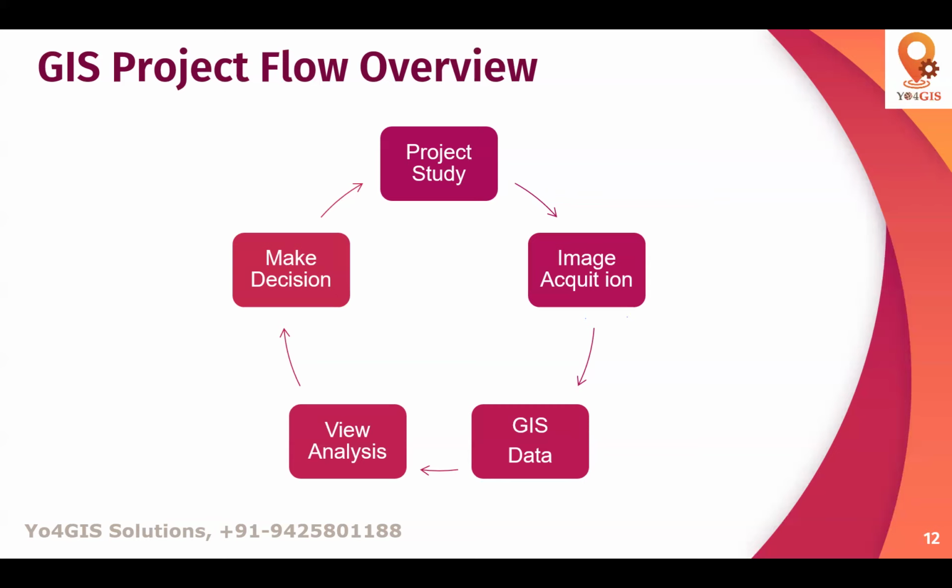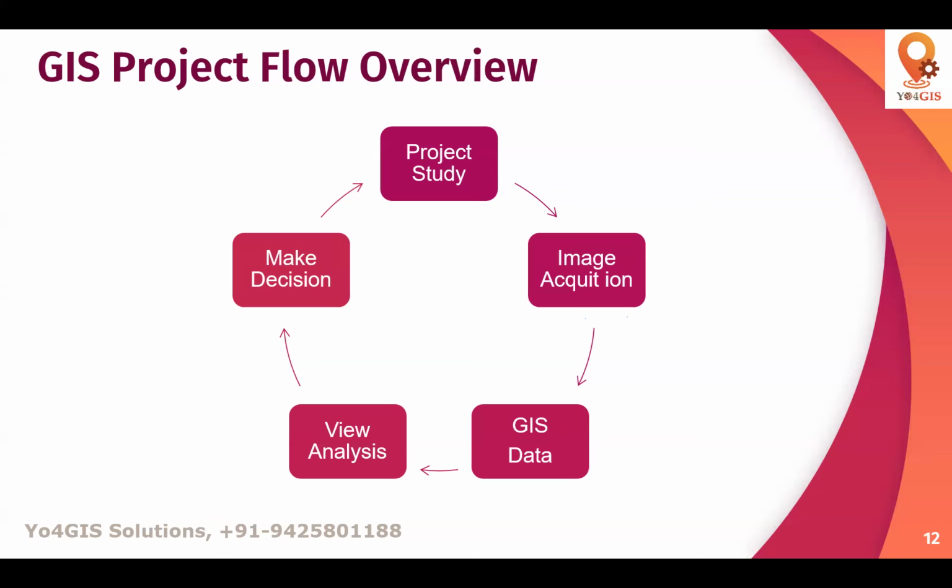A simple example: everyone is using Google Maps. Let's suppose you want to go from point A to point B. When you give the source location and destination location in Google Maps, it provides you two, three different routes. That is the use of GIS.